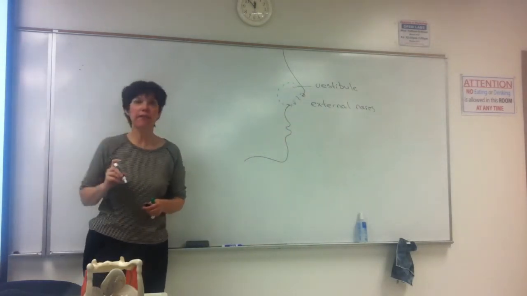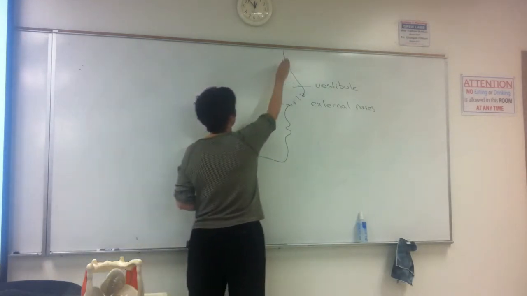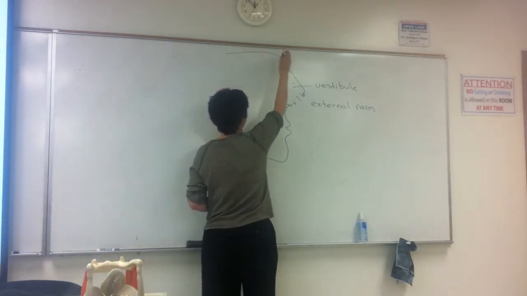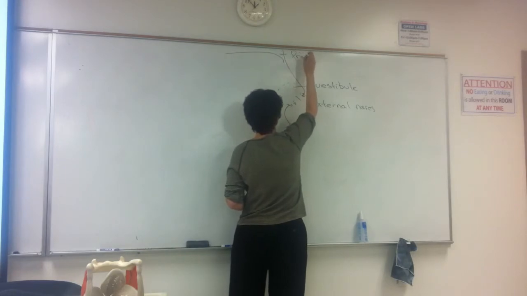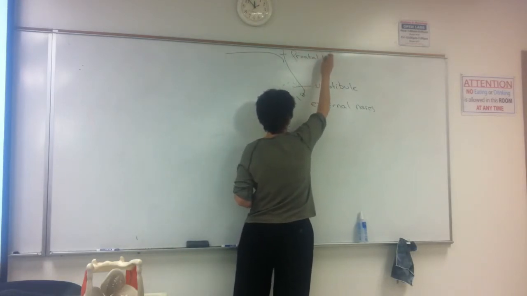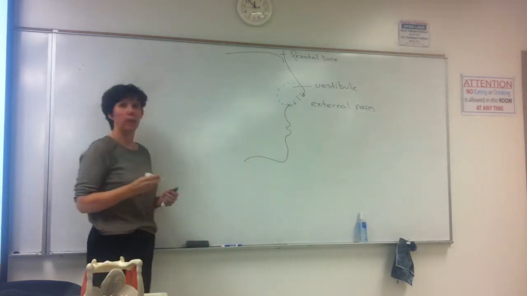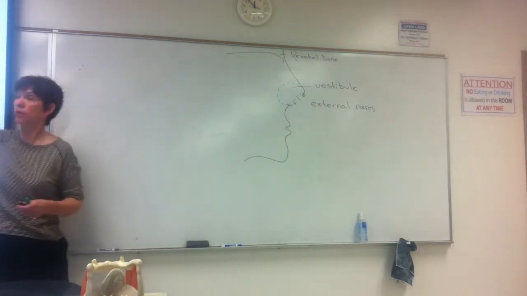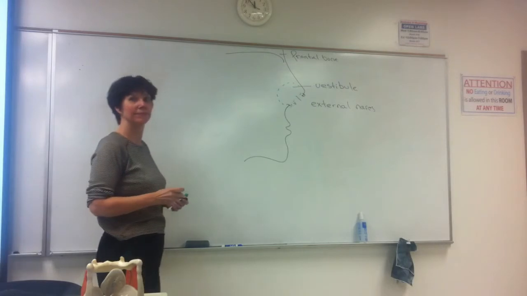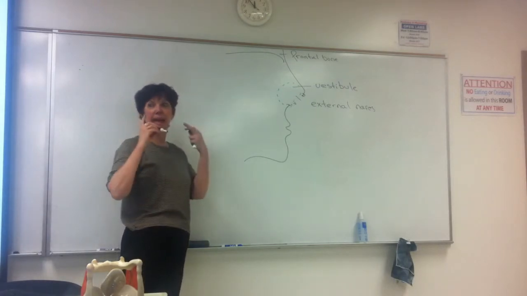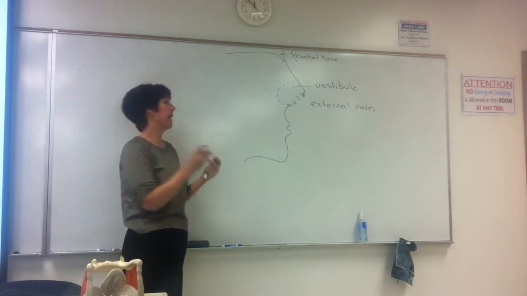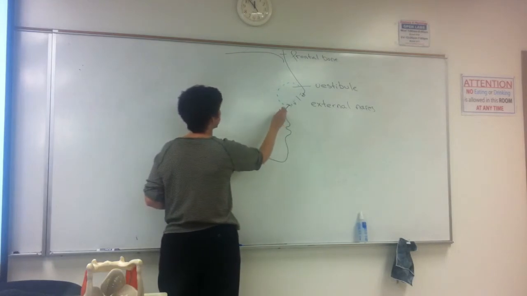The roof of the nasal cavity is going to be formed by the frontal bone. What two bones would form the floor? Palatine in the back and maxillary in the front.